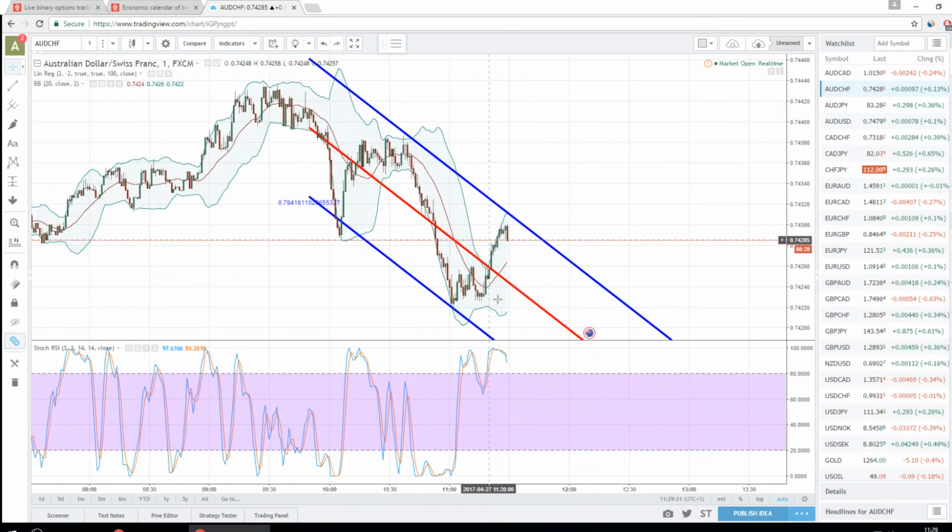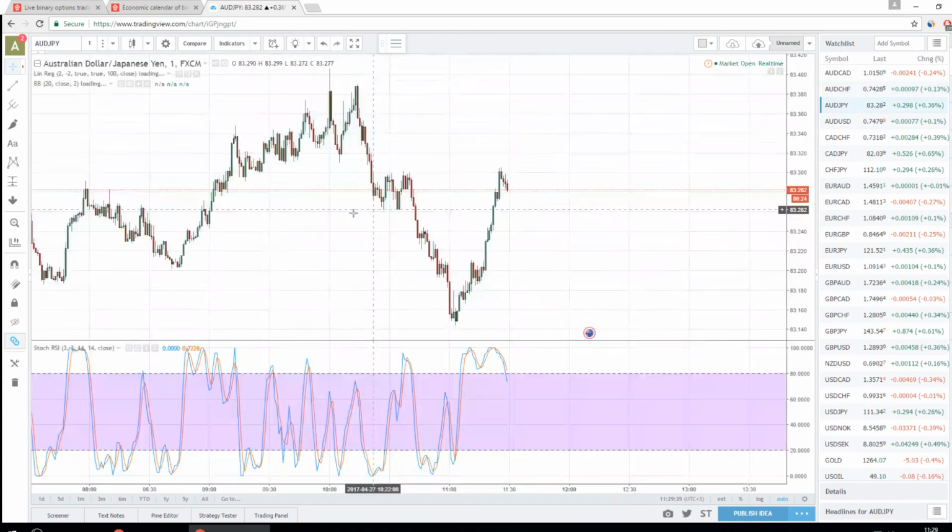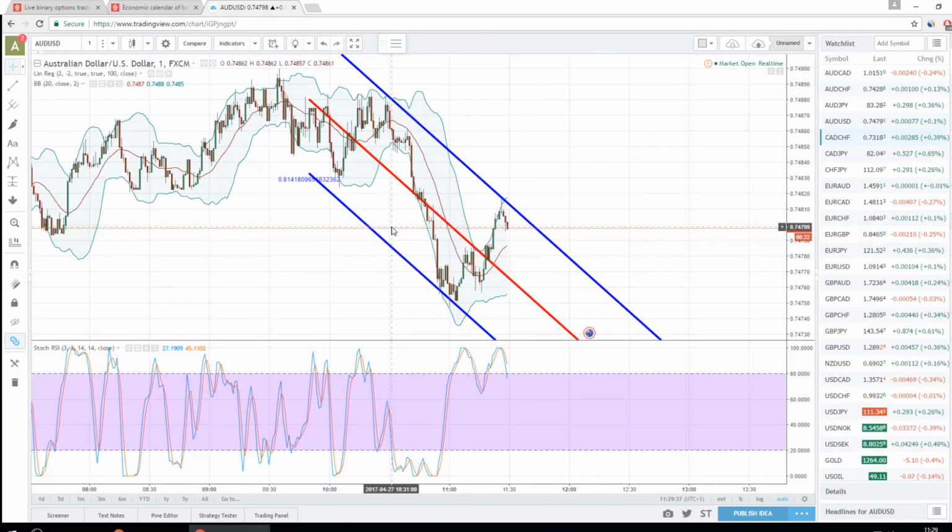As you see, we made the right choice that we didn't enter for high for another trade for Australia, as it started to move down.